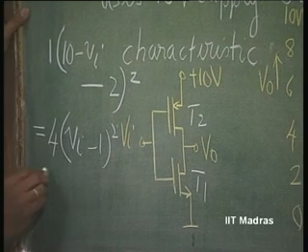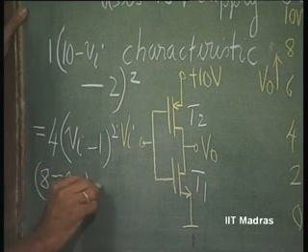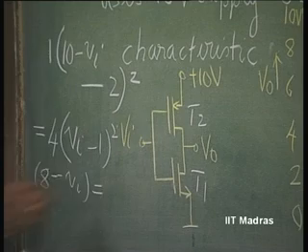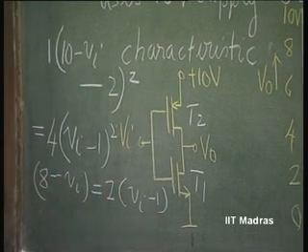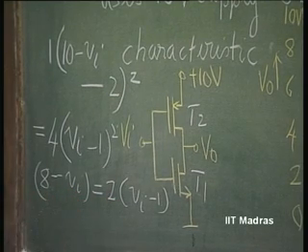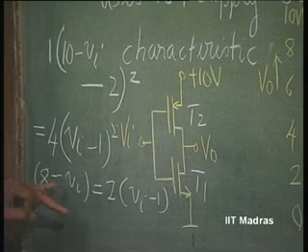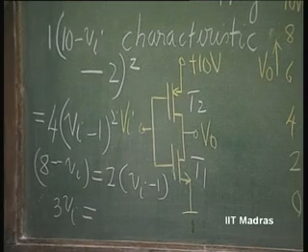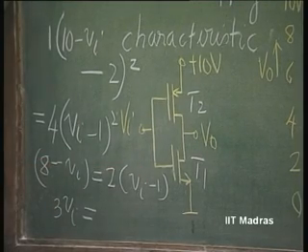which is nothing but 8 minus Vi, remove the square, square root of 4, 2 into Vi minus 1, from which we get 2 Vi plus 1 Vi, 3 Vi equals to how much? 3 Vi equals 8 plus 2, 10 volts.